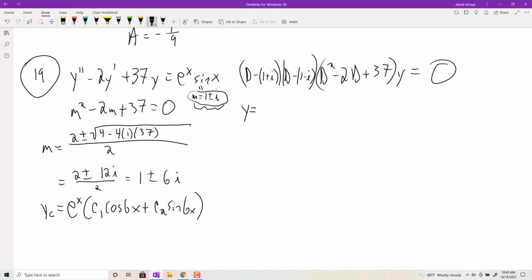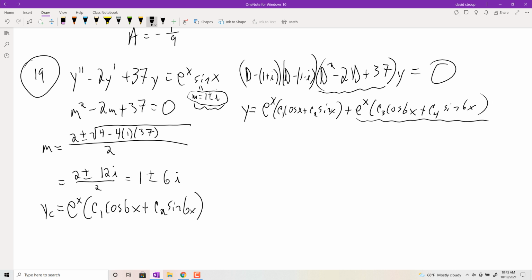From these roots, you're going to get e to the x times c1 cosine x plus c2 sine x. And then from these roots, you get plus e to the x times c3 cosine 6x plus c4 sine 6x. And you see the complementary part is sitting right here.